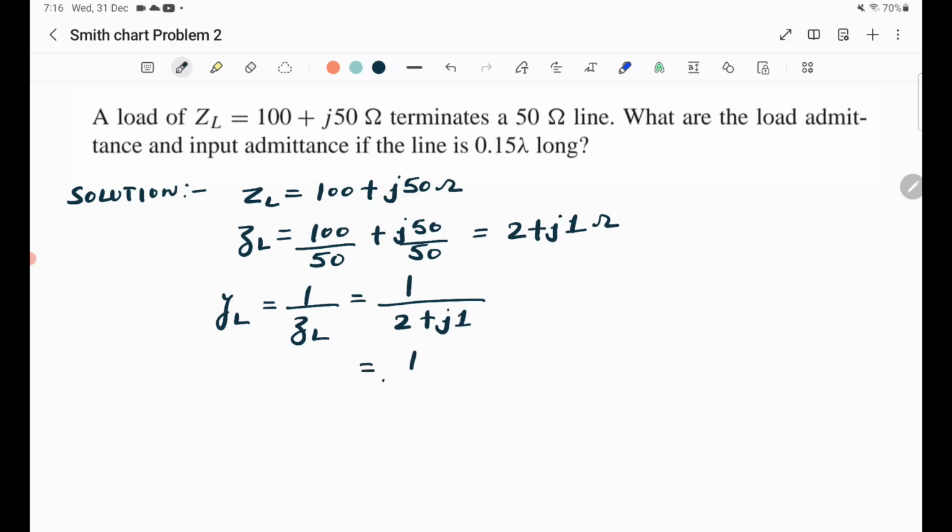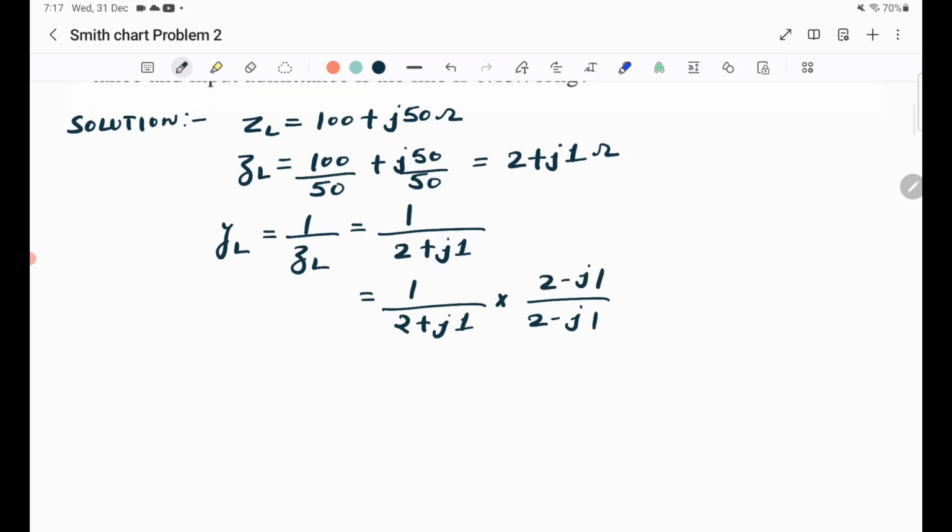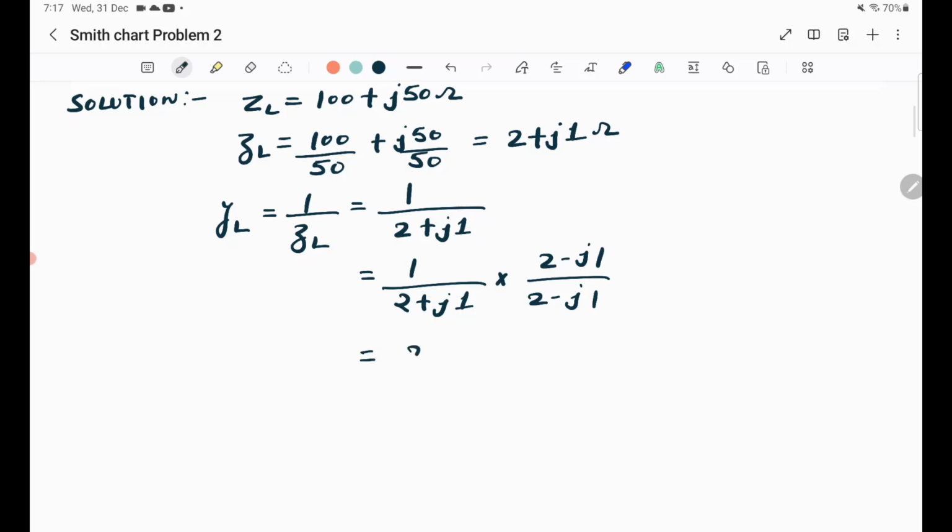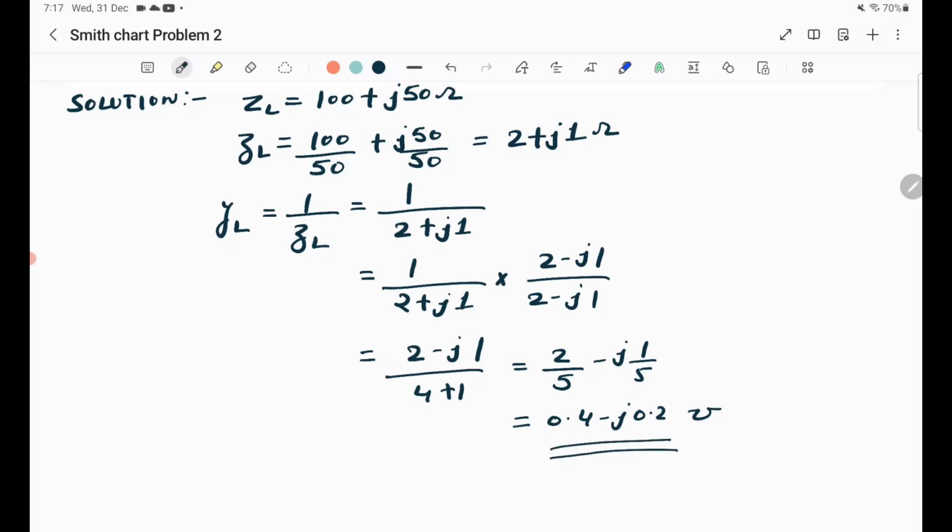If you simply rationalize this, multiplying by 2 minus j1 on top and bottom, this becomes 2 minus j1 divided by 4 plus 1, which equals 2 over 5 minus j 1 over 5, which is 0.4 minus j0.2 Siemens or mho. So you have found the value of the normalized load admittance YL.